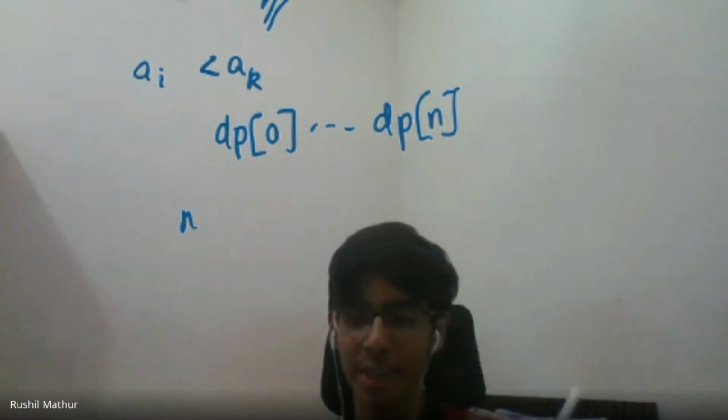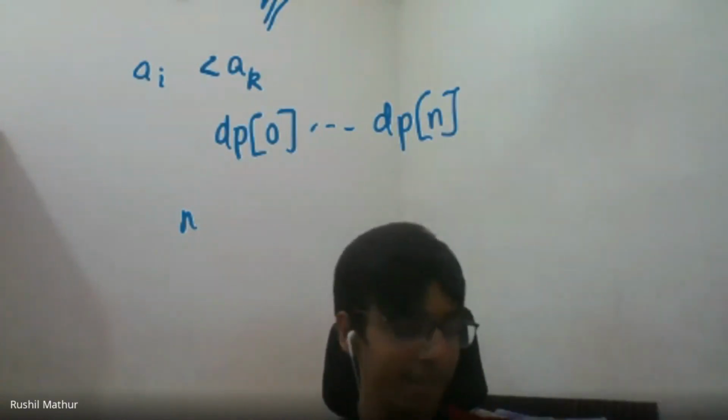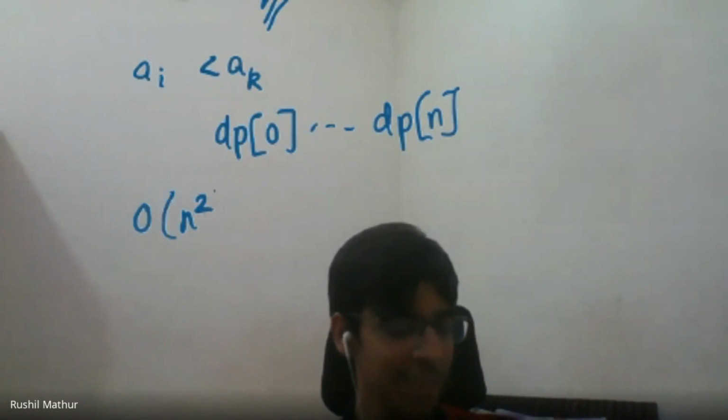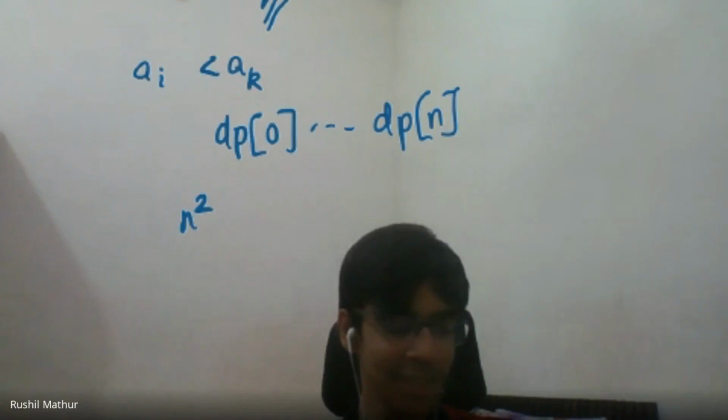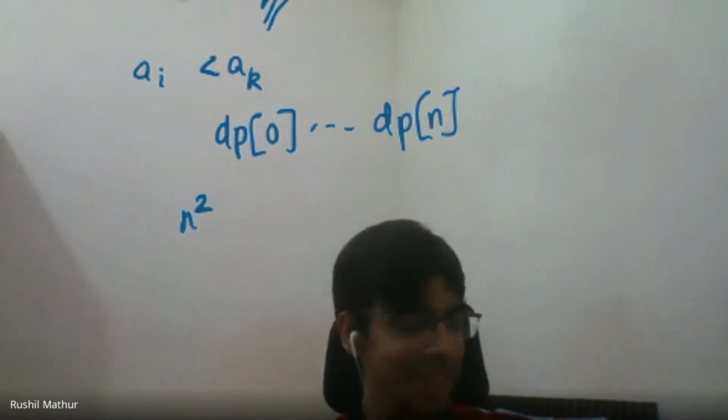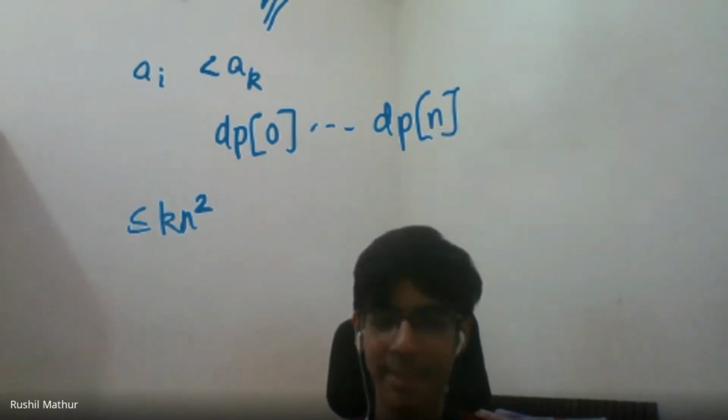Like there'll be k calls, and k we can bound by n. So it's kind of big O of n square. If you know big O notation, it's basically order of n square. You can say that there are at most some constant times n square steps in this algorithm.